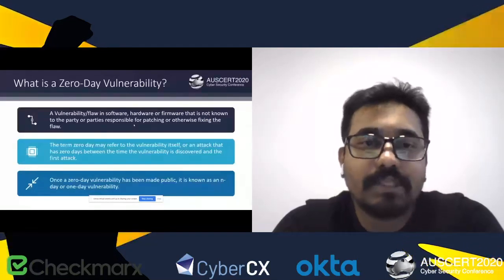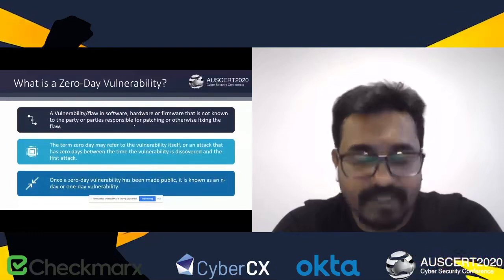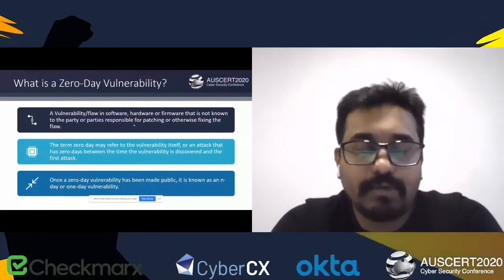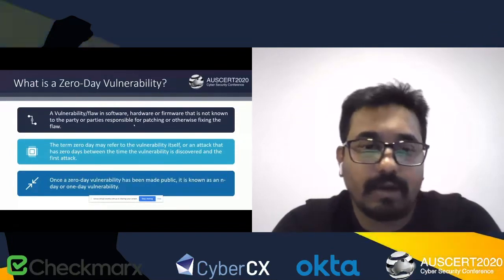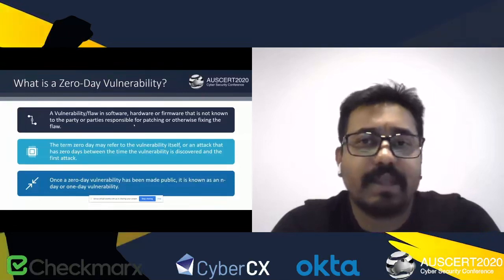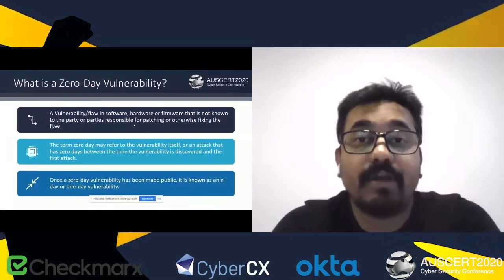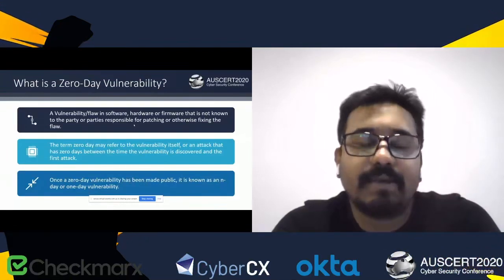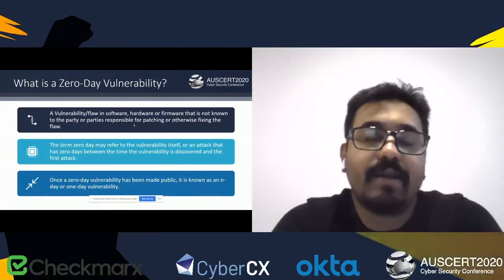So basically something that's not fixed yet. A vulnerability that is made public, which is known, is called an N-day or a one-day. These vulnerabilities can be in anything we use: firmware, software, web applications, hardware these days, and basically any kind of ware.